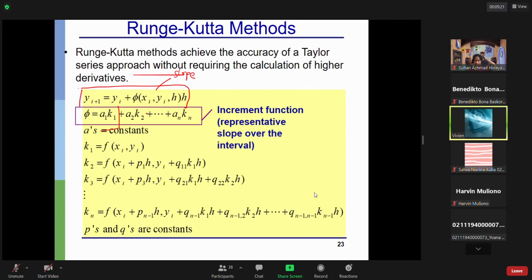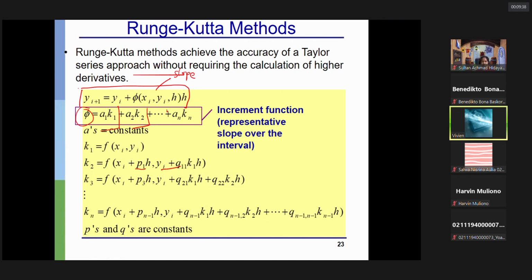If we use two terms, we now calculate the slope based on the slope at xi, yi, and another point taken at xi plus p1h, with the corresponding value of yi.